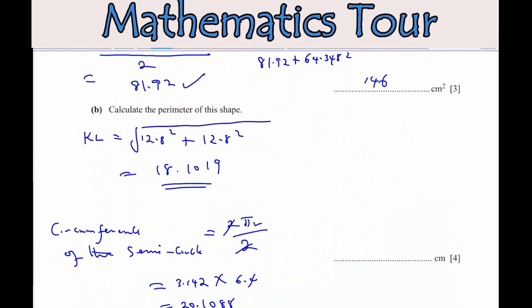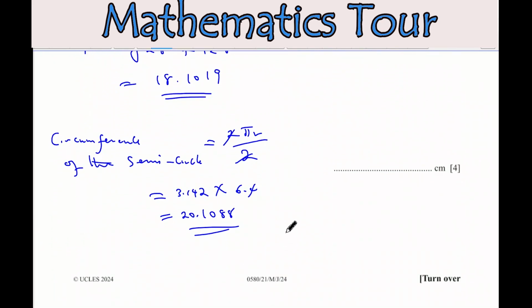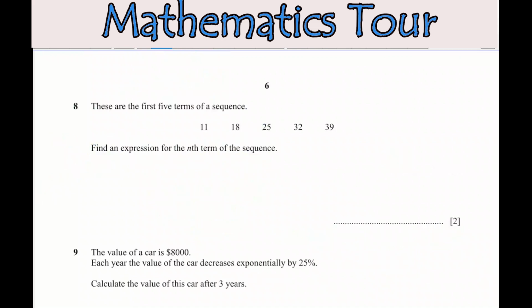So the perimeter of the shape will therefore be 20.1088 plus 18.1019 plus 12.8. So everything should give you 51. So you have 51 here. So pretty easy as well.